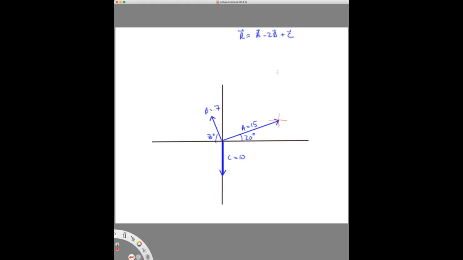And then we take the vector B, and we want to move it here, but we want to rotate it around so that we're subtracting it instead of adding. And we want to do 2 of those.